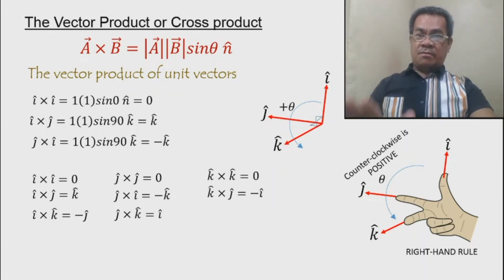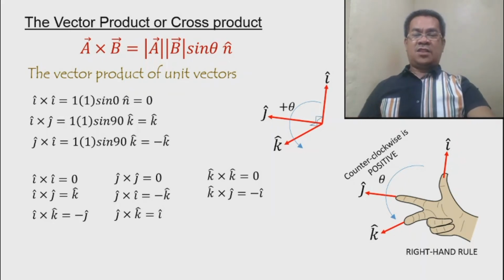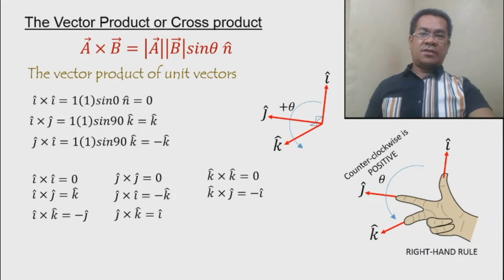Today we will derive again the cross product of two vectors using its components, and it should be in terms of the unit vectors. Take note that the answer should be a vector.